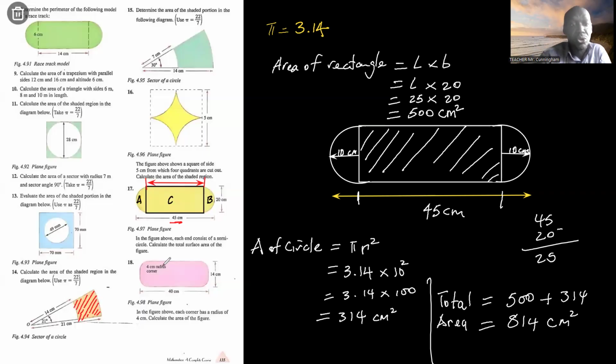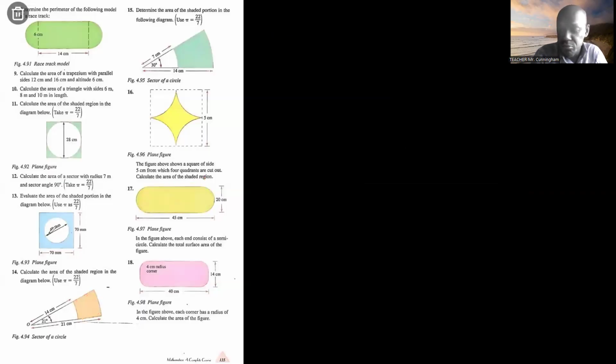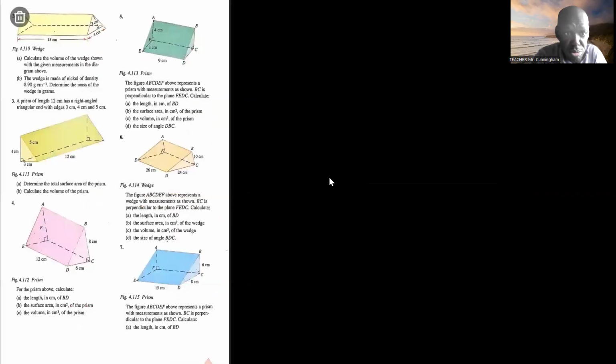All right. So we are moving on to volume of a prism.